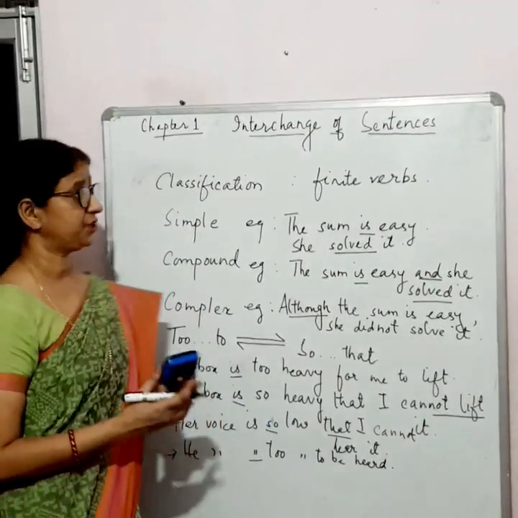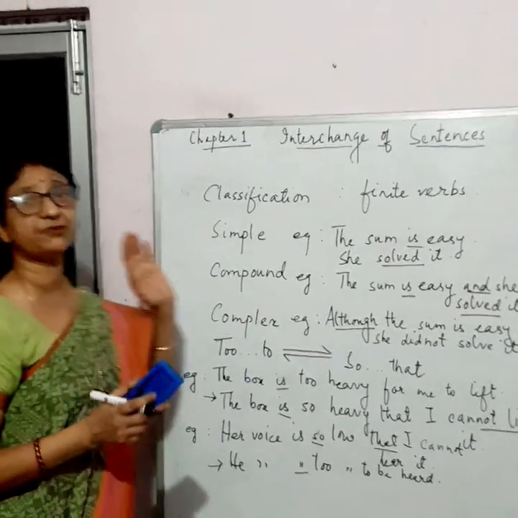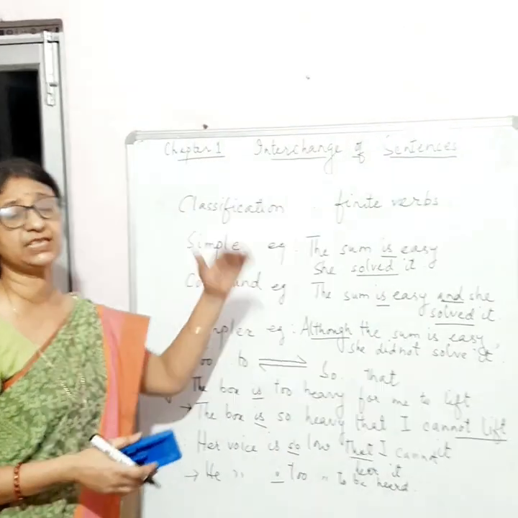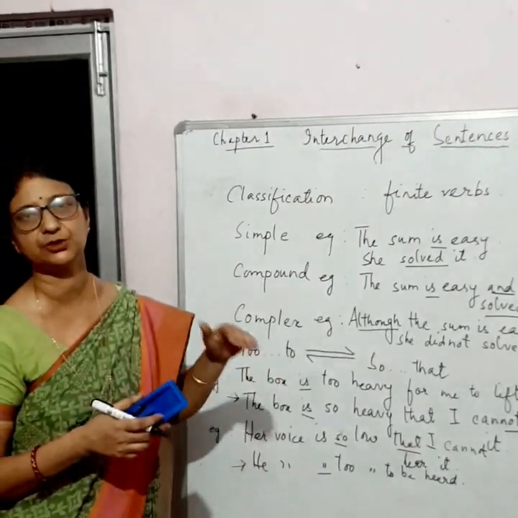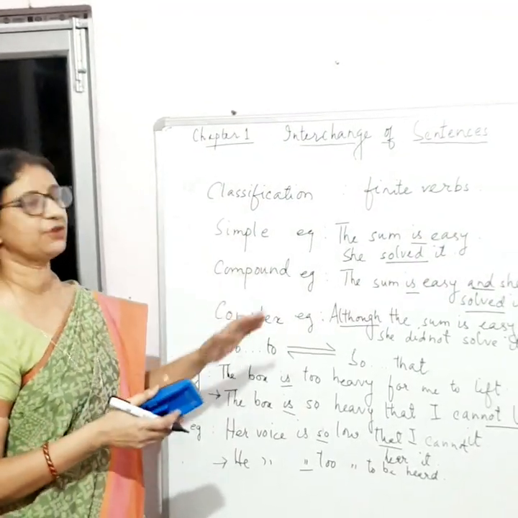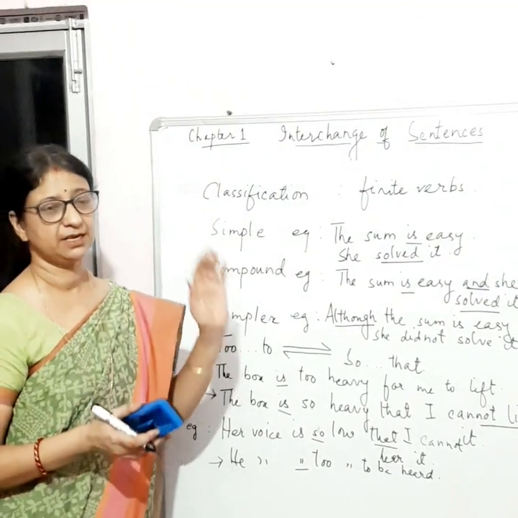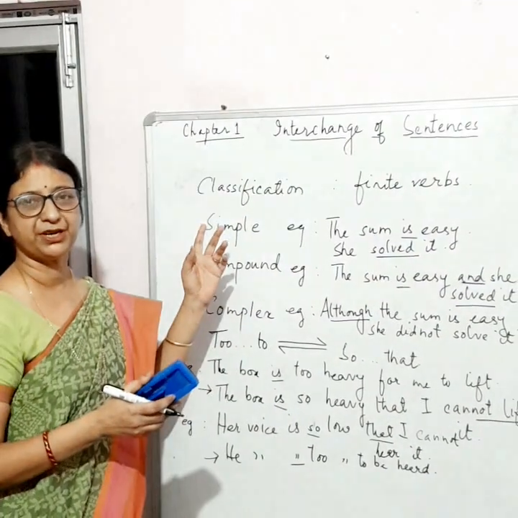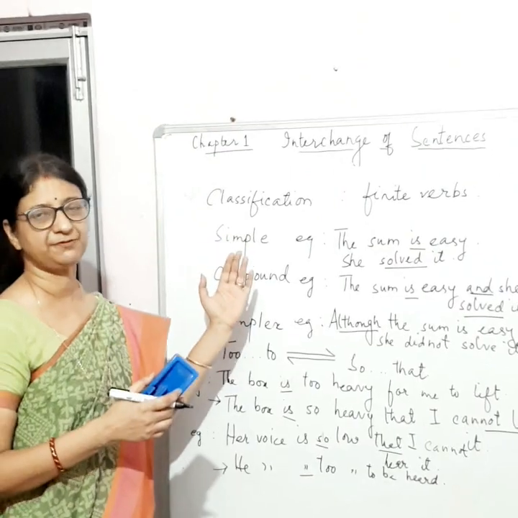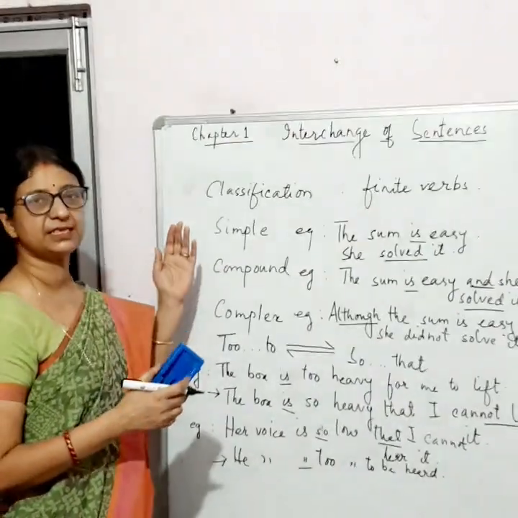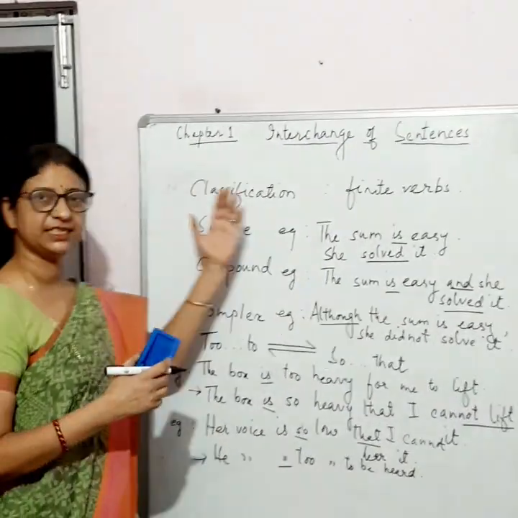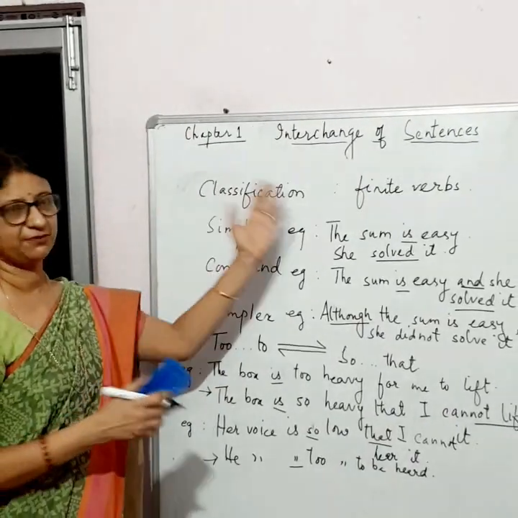Now we shall find out degrees of comparison and how we interchange one degree of comparison to the other. Three degrees of comparison you might have remembered: positive degree, comparative degree and superlative degree. Comparison is made in the case of adjectives as well as adverbs.